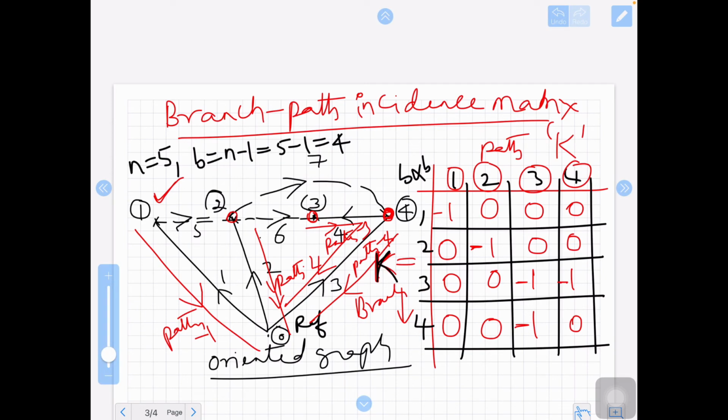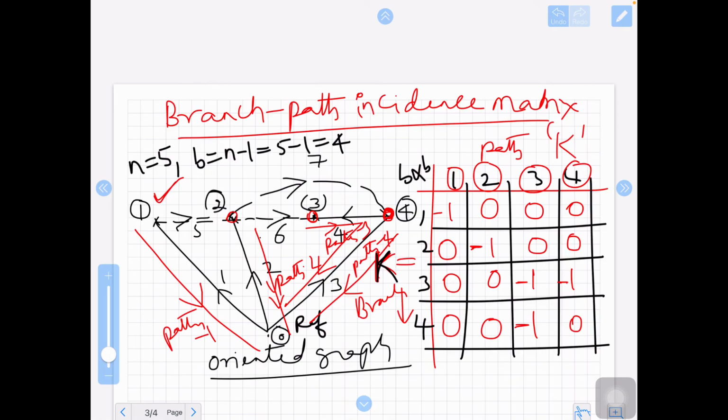For forming the K matrix, you have to see the title of the K matrix, that is branch path. You have to see how many branches; that will be the order of the K matrix, and in this example we have 4 branches. And how many paths? Paths are equal to the number of buses. Here the number of buses is 4.